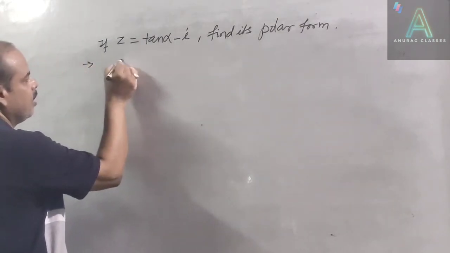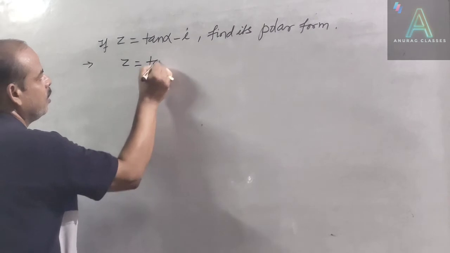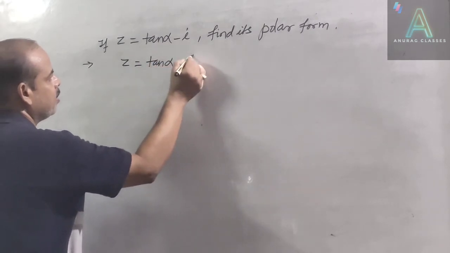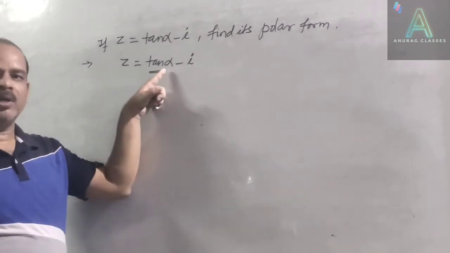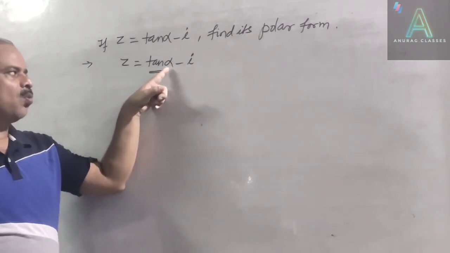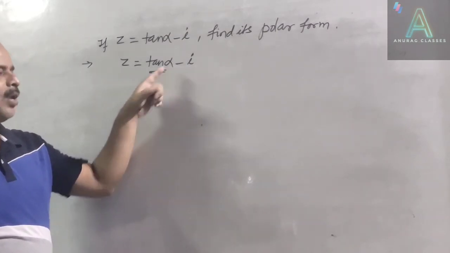See students, here z is equal to tan alpha minus iota, and we all know that tan alpha is not defined when alpha is an odd multiple of pi by 2.